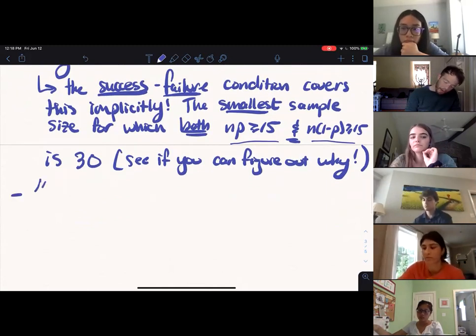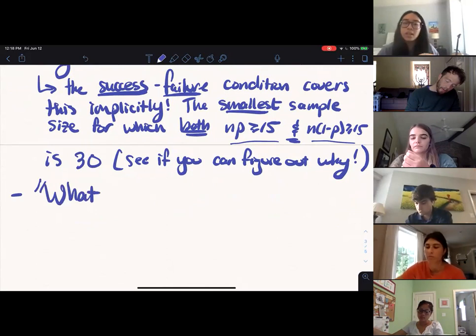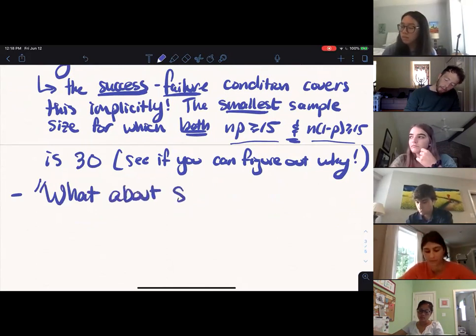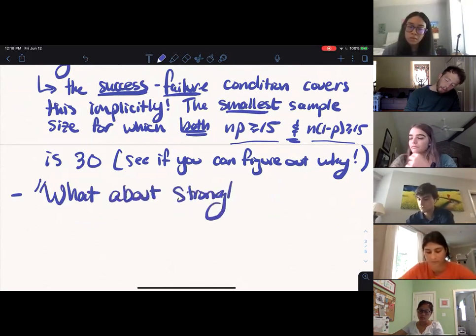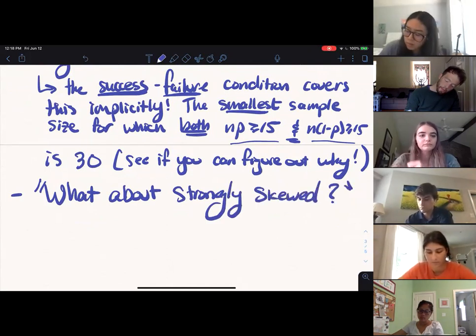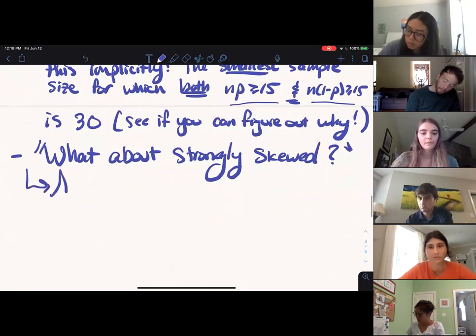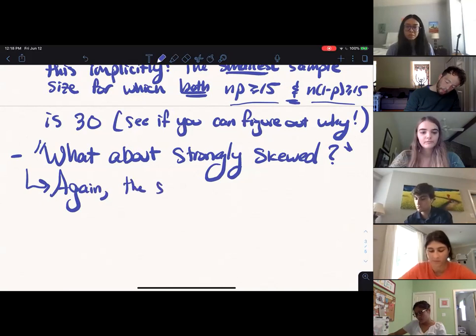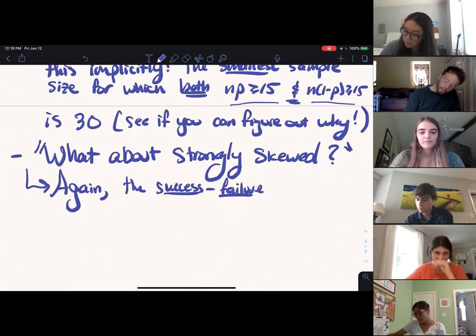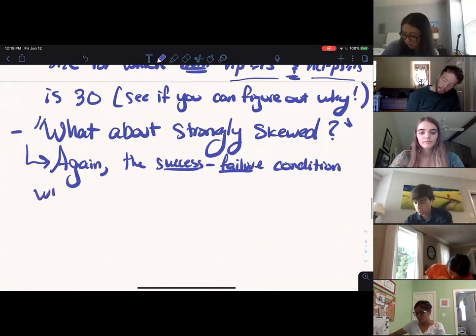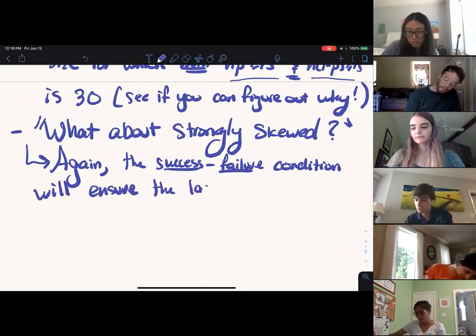The other thing you might ask is, what about checking strongly skewed? Well, again, the success failure condition will ensure the lack of a strong skew.